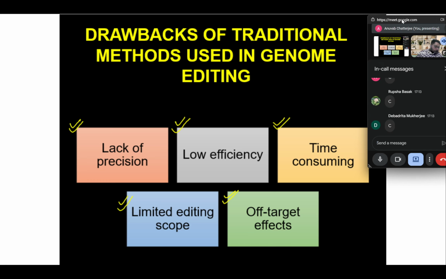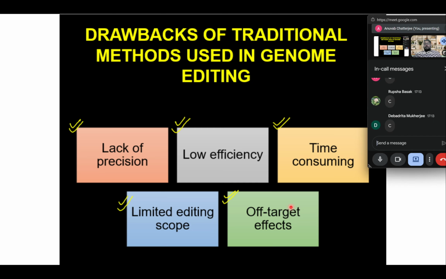Artificially editing the genome using these techniques can cause lack of precision, low efficiency, are time consuming, have limited editing scope, and have off-target effects. None of the techniques we have discussed, whether homologous end joining, non-homologous end joining or transposons, are very effective in editing the genome when we ask it to edit. So you can't specifically edit the genome using these techniques.